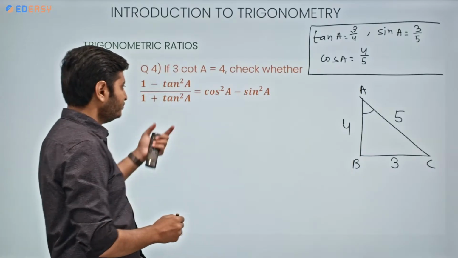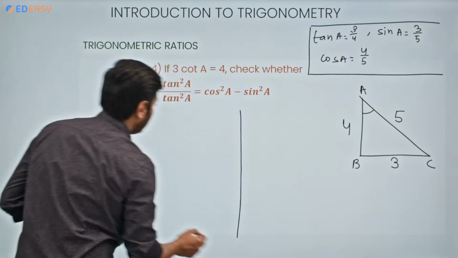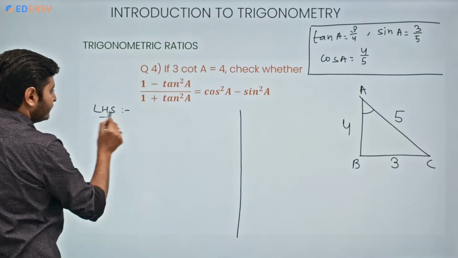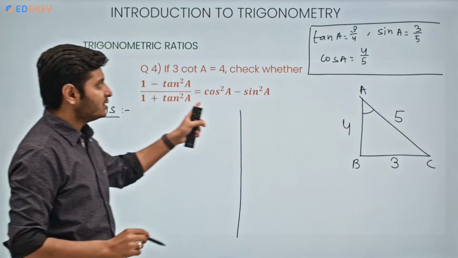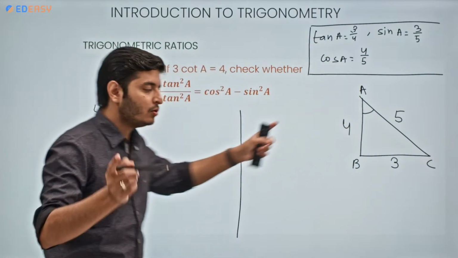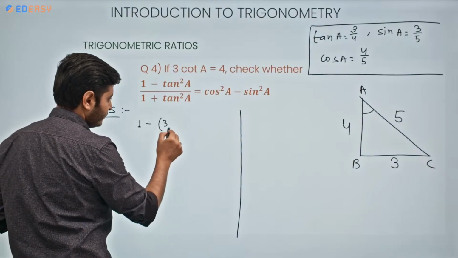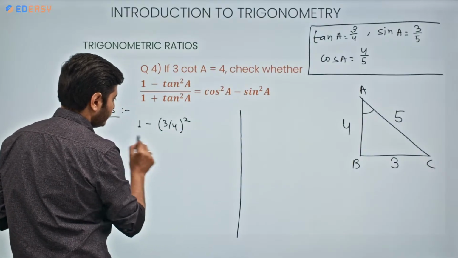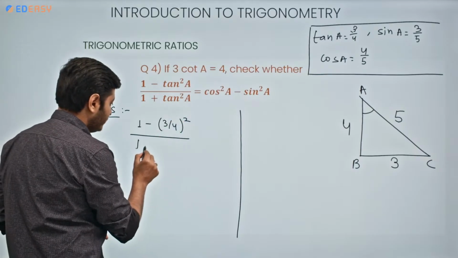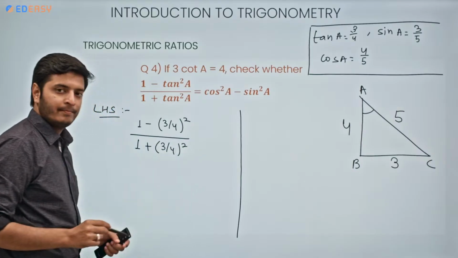So we can put the values here. First I'm going with the left hand side. 1 minus tan square A means 1 minus 3 by 4 whole square, divided by 1 plus tan square A means 1 plus 3 by 4 whole square.